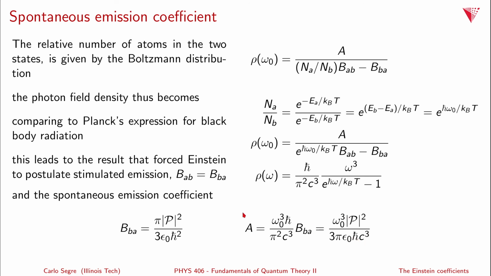And this now is the spontaneous emission coefficient A. You can notice that it has some similarity to the stimulated emission coefficient here. It has the same units of the polarization, and then it has other units here that will give us an exact dimensionless coefficient.